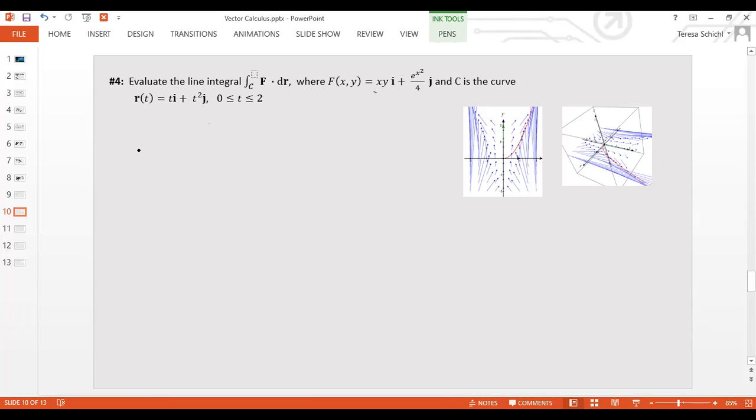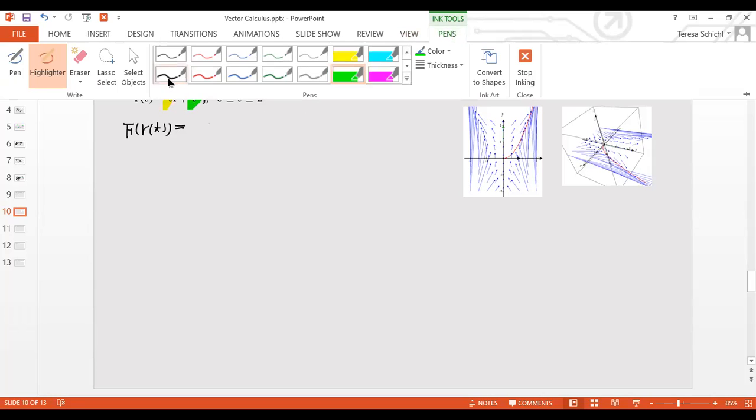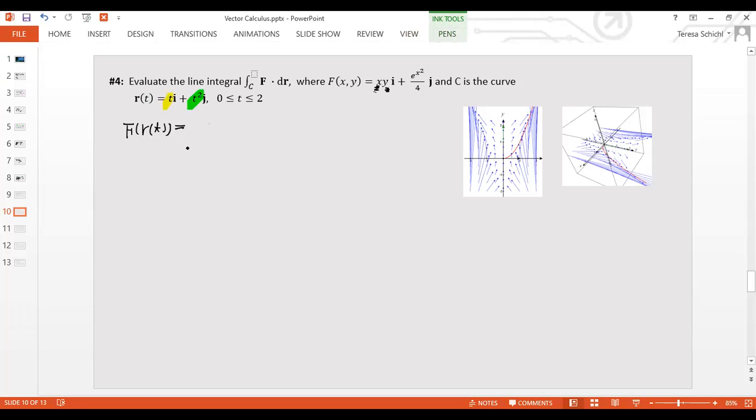Let's take a look at it mechanically; we know how to do it, right? We know the F(r(t)). First thing, I need to replace F(r(t)). F here is in terms of x and y. So what is my x? x is t, and what is my y? y is t squared. So x times y is t times t squared, which is t cubed, and this is my i component.